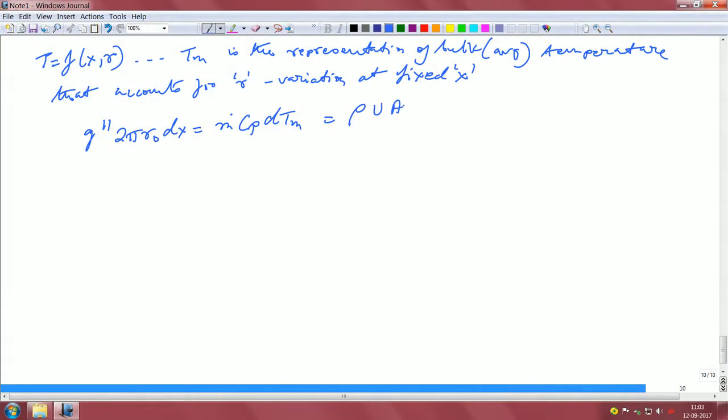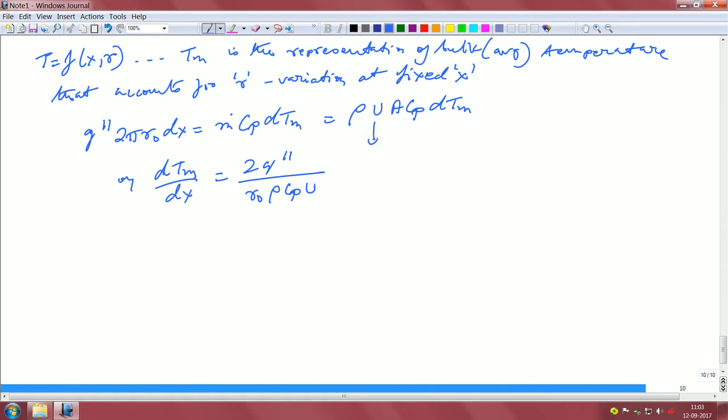So, this can be written as rho u A Cp dTm, got it, okay. Or in other words, you get dTm by dx is given by 2 q double prime divided by r naught rho Cp u, okay.